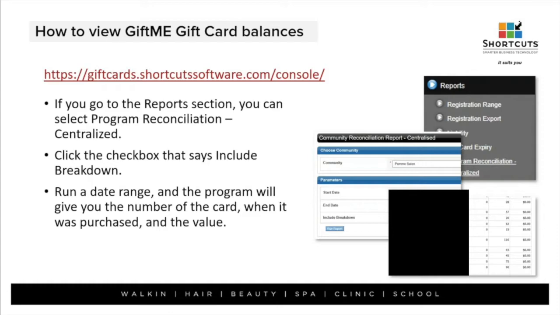Are you looking for gift cards purchased in March or from January to today before you run your program? So you can set your range, include your breakdown, and you'll have a complete list of every card and what those balances are.